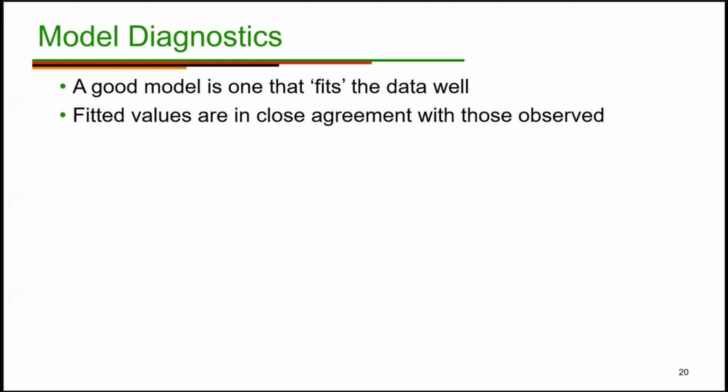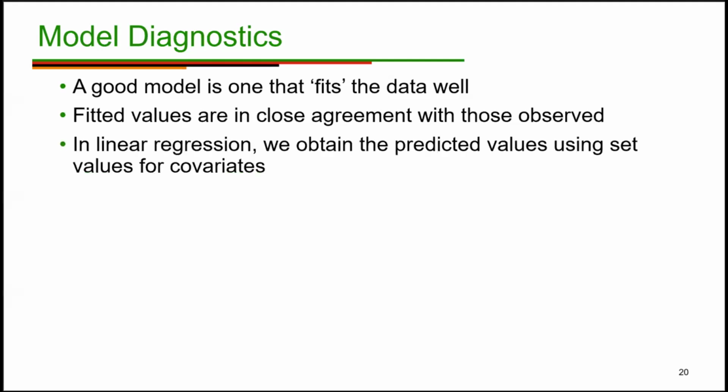And that cost should be close to what has been observed in the data. So to do that in linear regression, we use a set of values for our covariates to try and predict what the outcome would be.